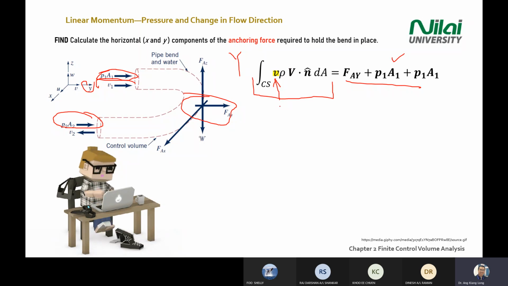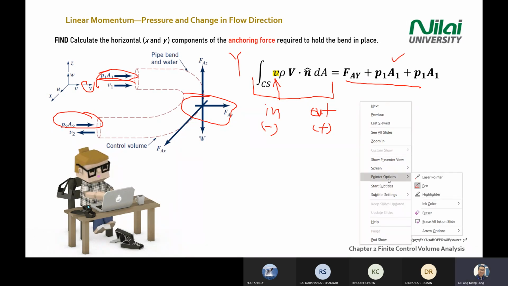For this component, you only need to concern where is your in and where is your out. If you only have one inlet, then you have one negative sign inside here. You have one output, which means you have one positive value for the control surface component. The rest is just substitution.